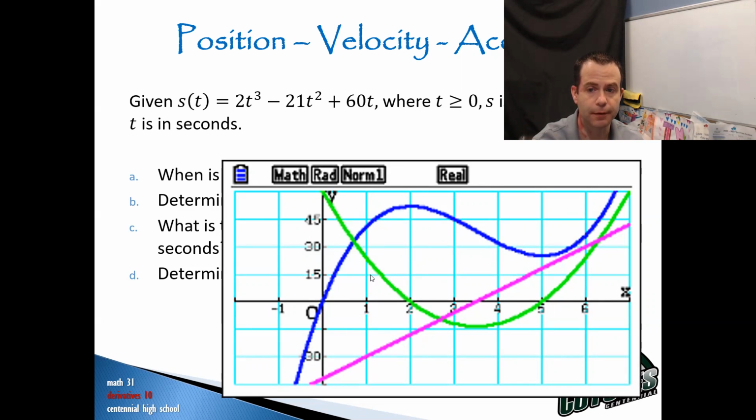My velocity is going from a positive value to a negative value, because I'm moving from a positive direction to a negative direction. Then I have another change here, and right at the change my velocity becomes 0 again as well. And when my velocity changes from positive to negative, my acceleration was 0. So everything fits with our knowledge of derivatives.